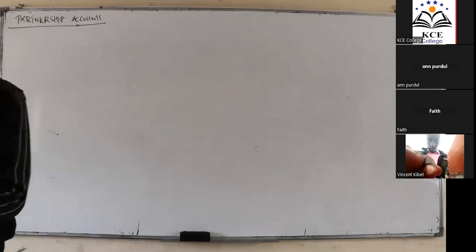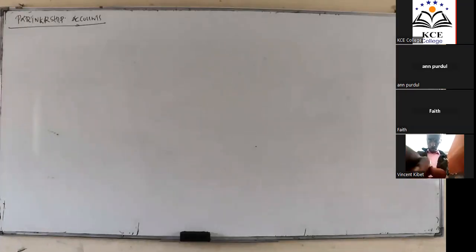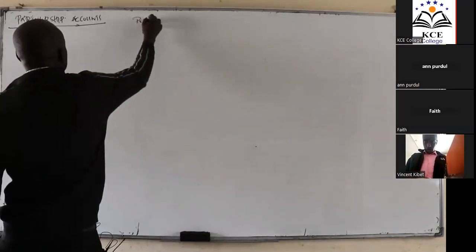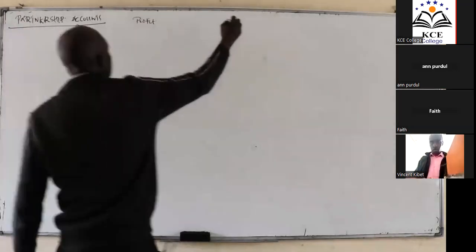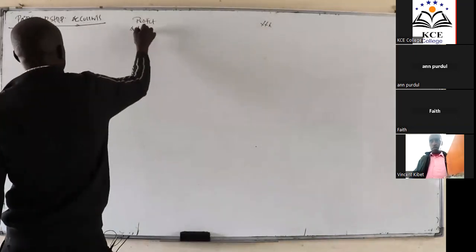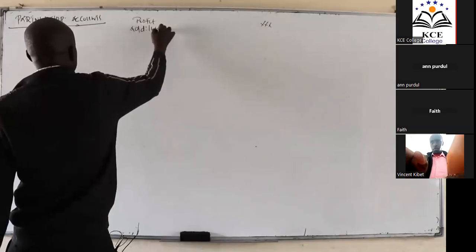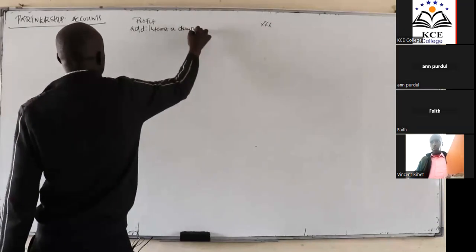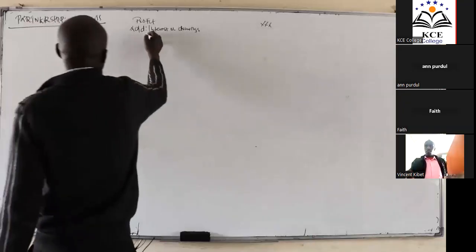And it's prepared as follows. So we have profit for the year. After the profit that you generate, you put it there. Then you add interest on drawings.